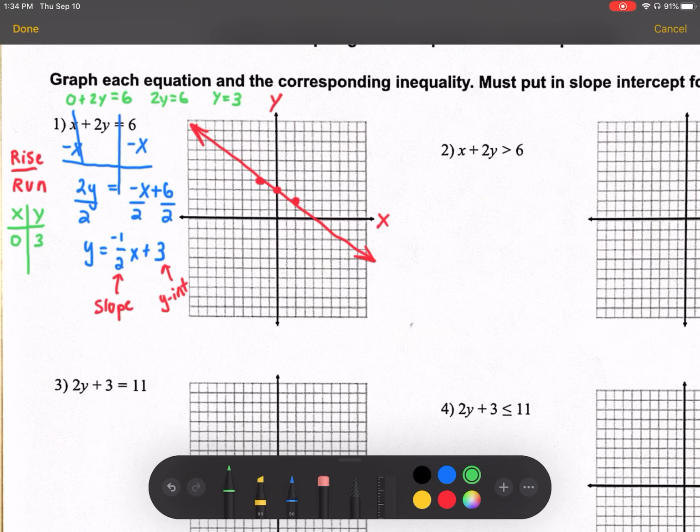Then I can pick another x value. So let's say I pick 1, plug 1 in, so 1 for our x value. Then when I move the 1 over, I'm going to get 2y equals 5. And then y is 5/2.